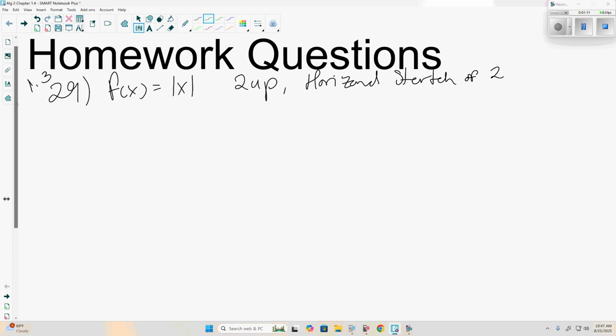Now, the first one we're going to look at is our movement up or down. The way we define this movement, we'll call the next one g of x, is equal to f of x plus k, where k is the amount that we're moving the function up or down. Our value of k here is 2, and since we're moving it up, it's positive 2.